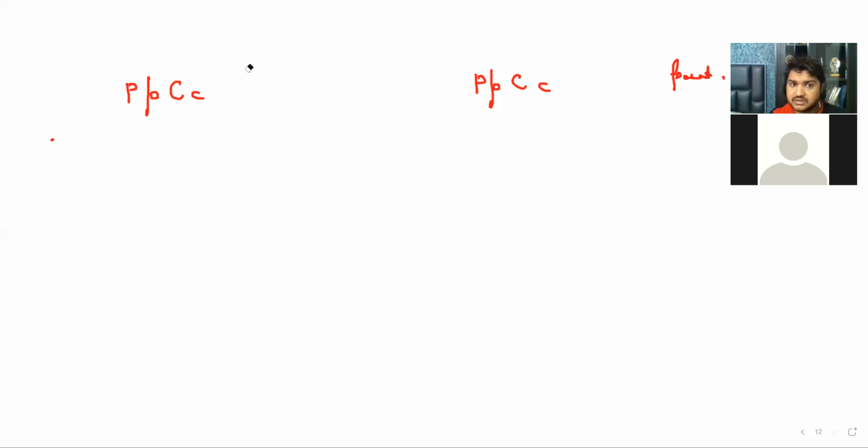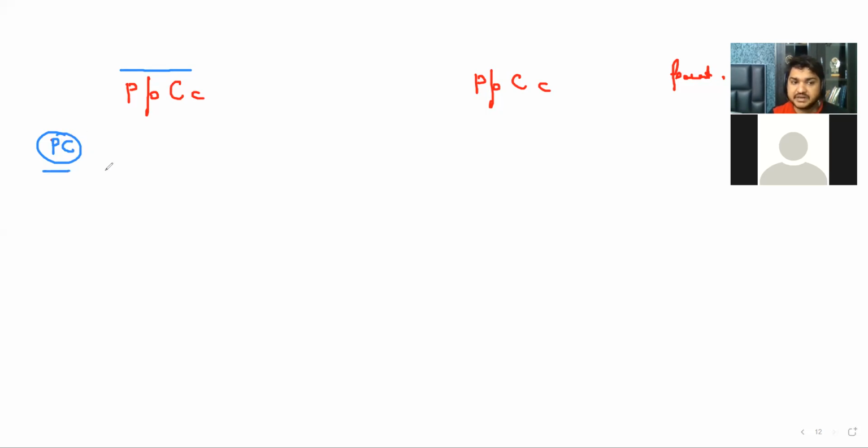Capital and small letters, please use that: capital P, capital C, lowercase p, lowercase c. If the parent has 4 alleles, the gamete should have only 2 alleles, right? So why are you saying capital P, capital C, small c, small c?